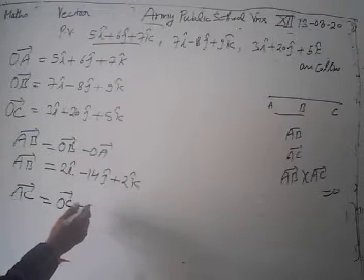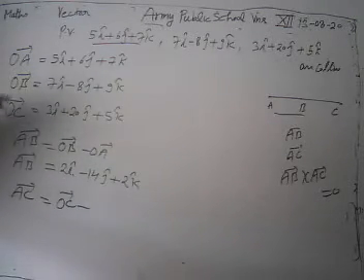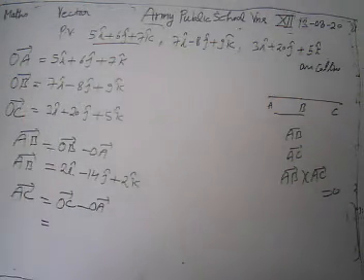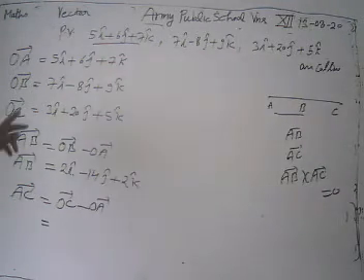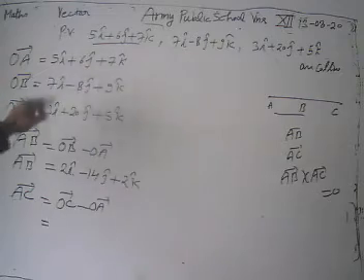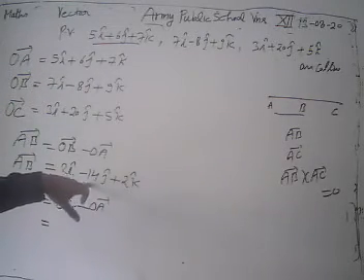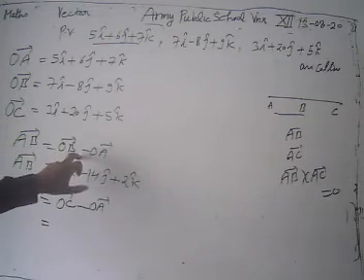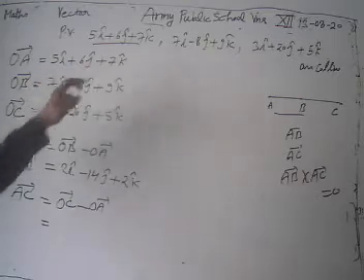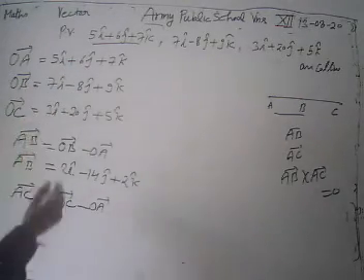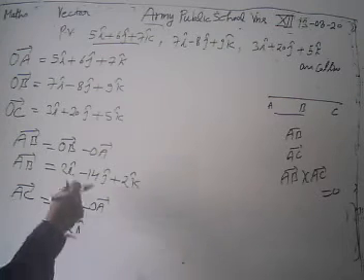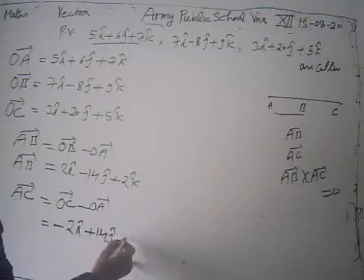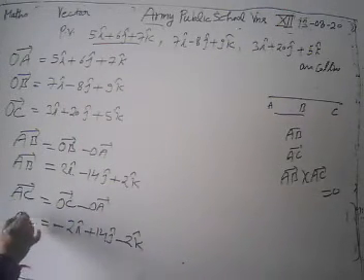Vector OC minus OA. 3 minus 5, minus 2I cap, 20 minus 6, plus 14J cap, 5 minus 7, minus 2K cap. Now we get our vector AC here.